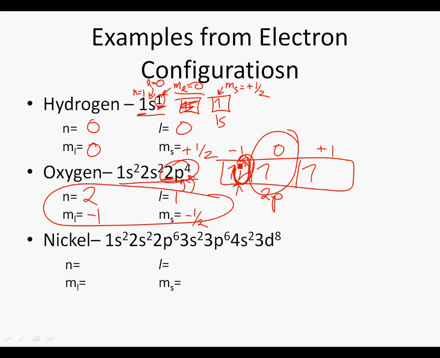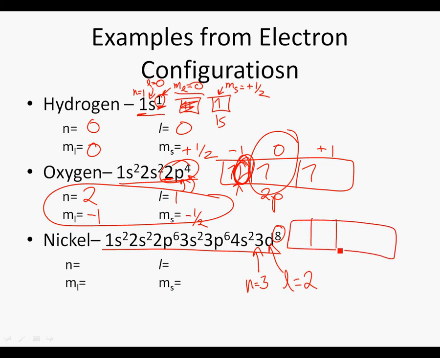All right, nickel. The question would be, what is the very last electron in nickel? So n equals 3, because it's the third energy level. The d's mean L is equal to 2. And to get the last one, we really have to draw out the orbital diagram. So this is what the 3d's look like. There are 5 different boxes, and let's put in all 8 electrons. 1, 2, 3, 4, 5, 6, 7, 8.